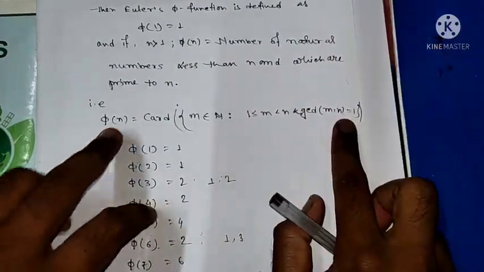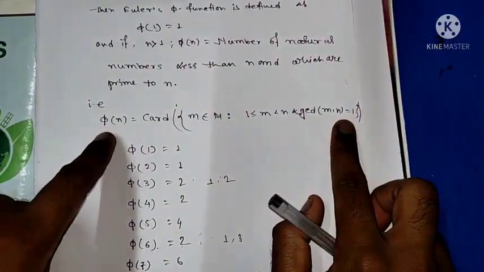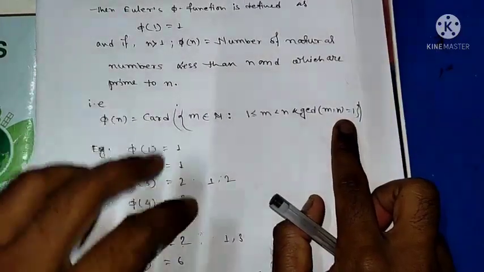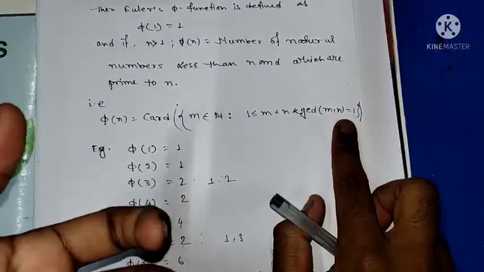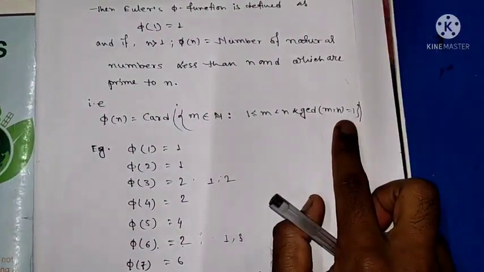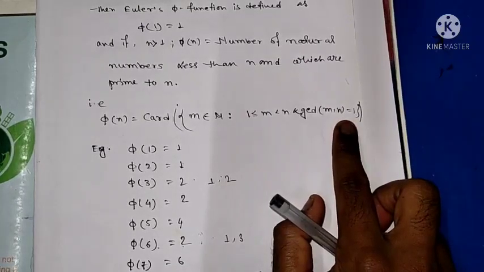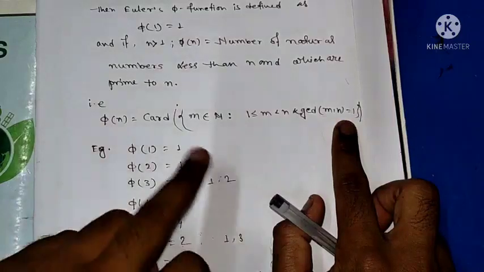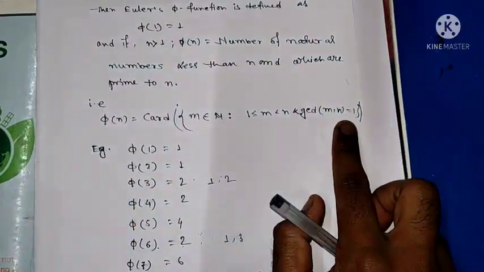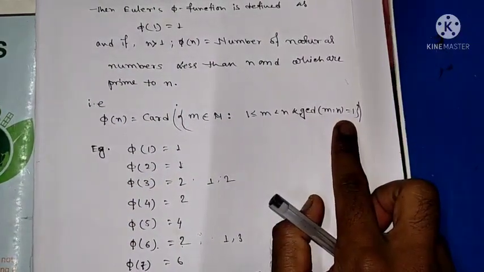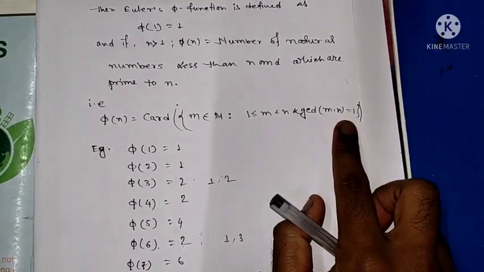This gives us phi of n. What is the meaning of phi of n? The meaning of phi of n is how many natural numbers are there which are co-prime with n and less than n. Okay.